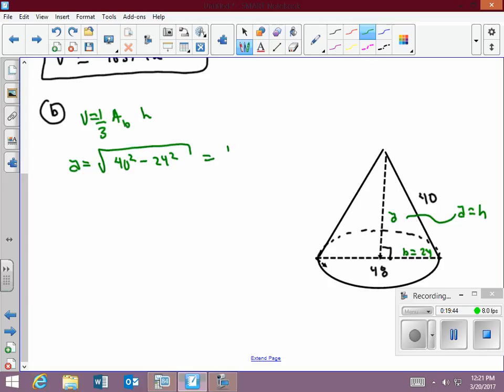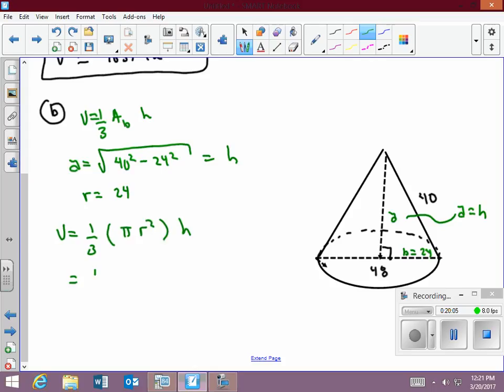And that's going to be H. And then the radius is actually the 24, which is the B. Formula is 1/3 pi r squared times H.